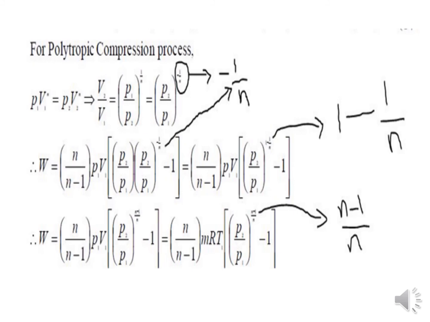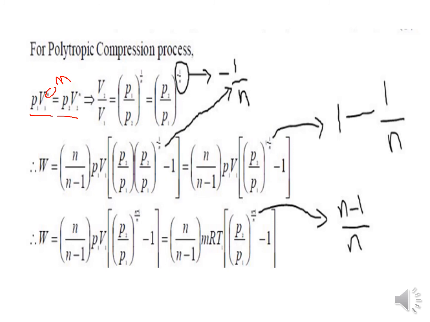Now still more simplification he is doing. What we know is that in the polytropic process, PV raised to n is equal to constant. So this is what he has written here: P1 V1 raised to n is equal to P2 V2 raised to n.